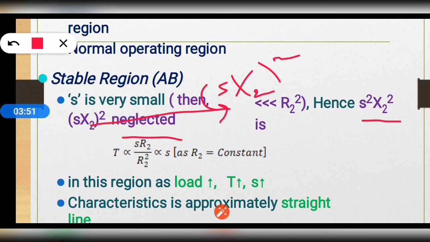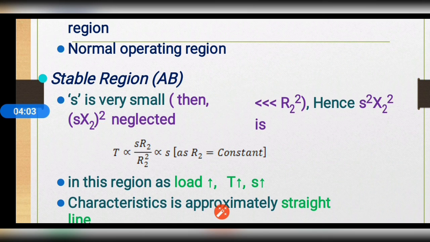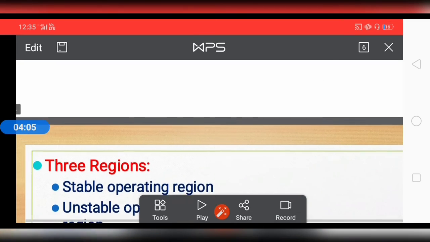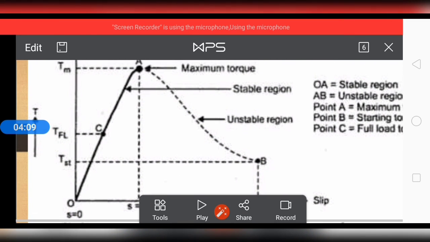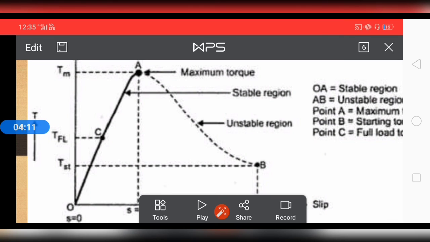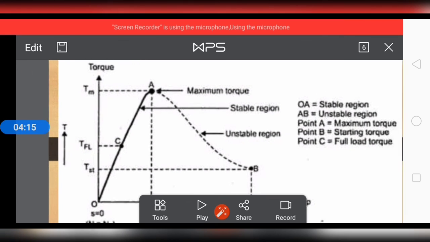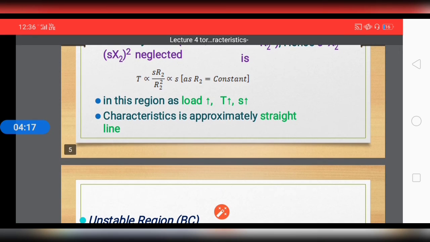So torque is directly proportional to s R2 upon R2 square, and therefore we have the relation that torque is directly proportional to slip for the stable region. In the curve shown here, s is directly proportional to T, therefore it is a linear portion of the torque slip characteristic.